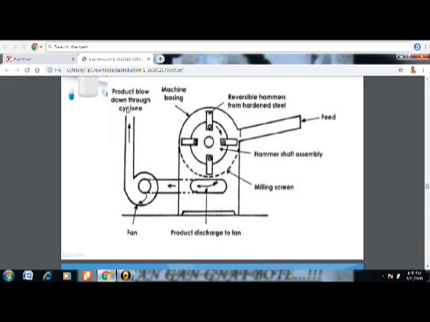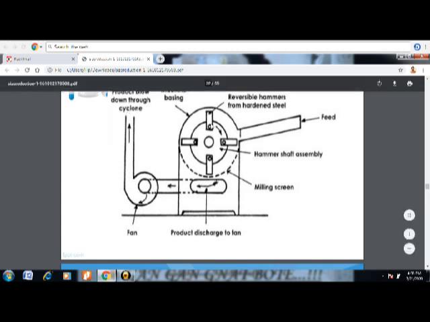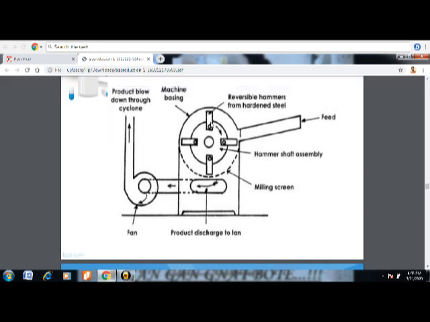Now in this case, one more thing: if these hammers are rigid in nature, then this type of mill is called a disintegrator, because these hammers are rigid in nature. These hammers are rigid, beaters, they rigidly beat, they have a beating action, therefore this is called a disintegrator.